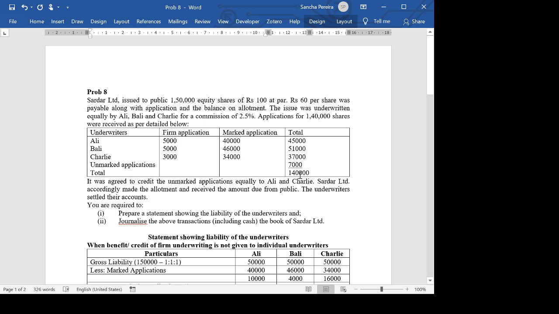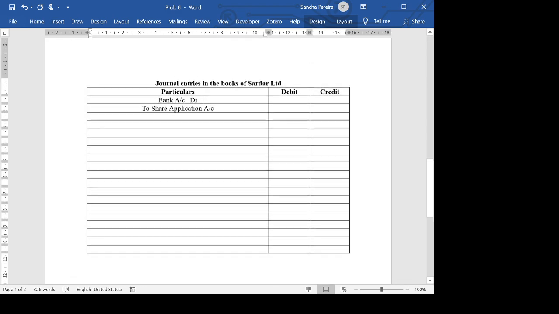But here it's all given to us. Marked, unmarked is given to us. Firm application, all is put in this 1,40,000. So I know the amount directly, so I don't have to add anything.